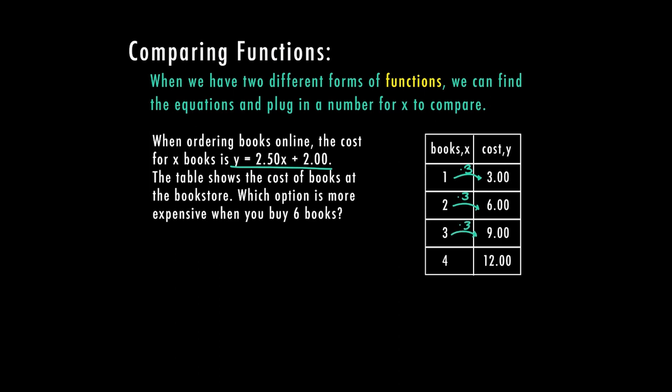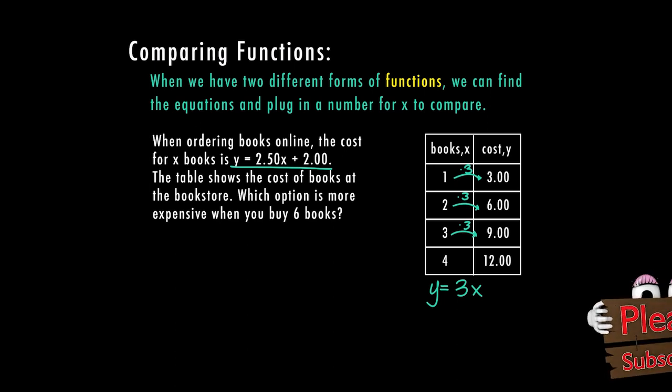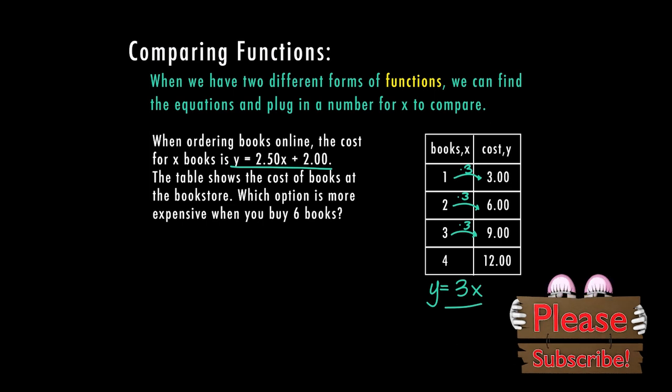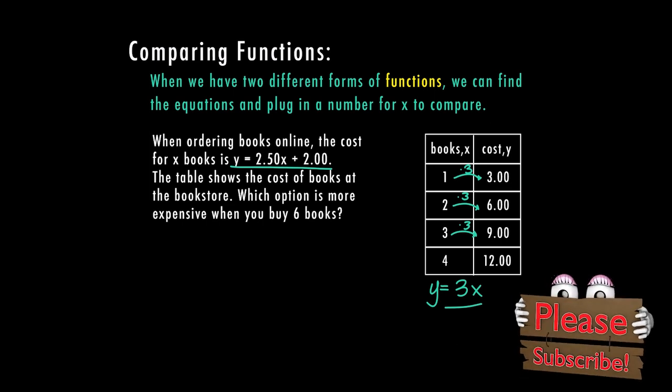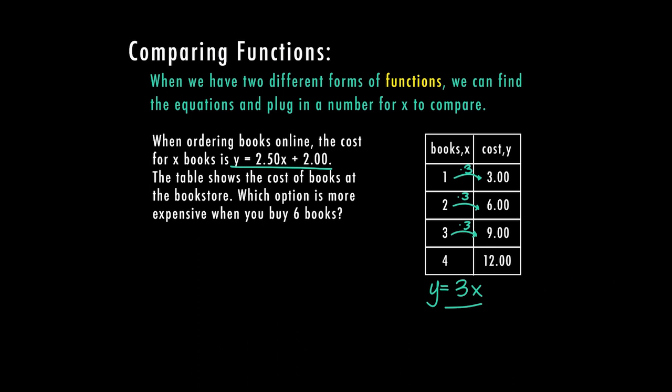Because it is consistently multiplying by 3, we can determine that my equation is y equals 3x. If I bought 0 books, I would pay $0. So I do know that this table is proportional because it will go through (0, 0). Now this other equation will not because I do have a plus $2, which is my b.